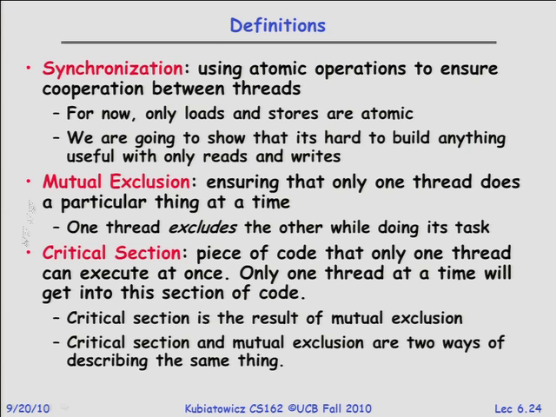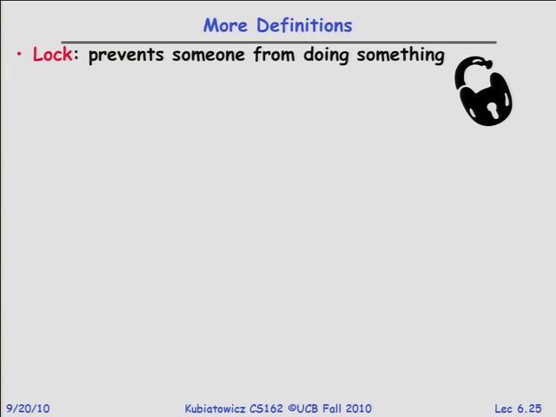Now, let's start with what's a lock. Hopefully everybody here knows what a lock is on a door, right? You've got a key, you open it up, you go into the door. What is it in software? Well, it's got the same idea. It's going to prevent someone from doing something, where now the someones are threads, to do a little anthropomorphizing.